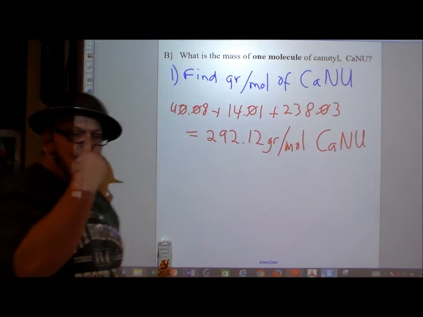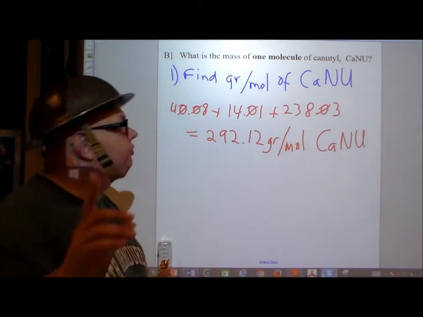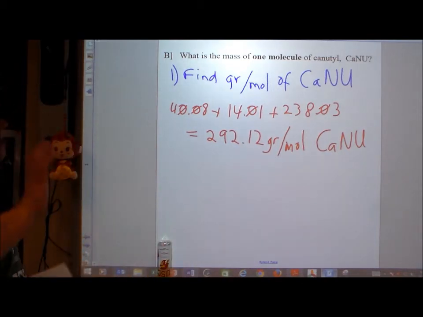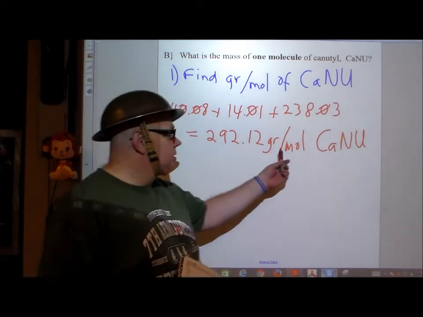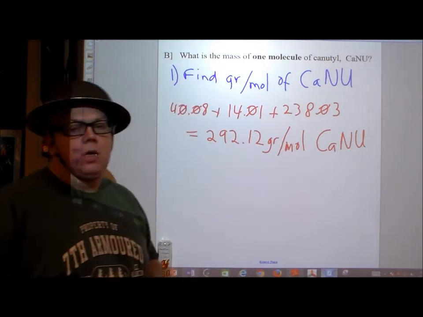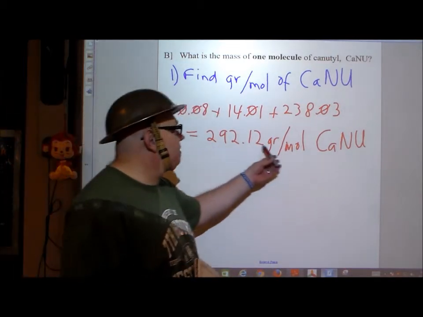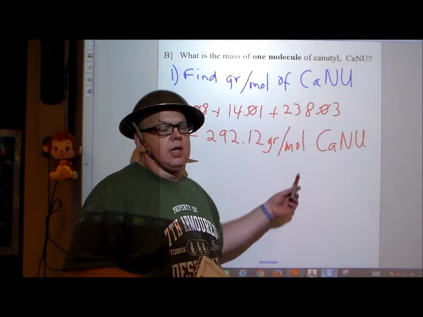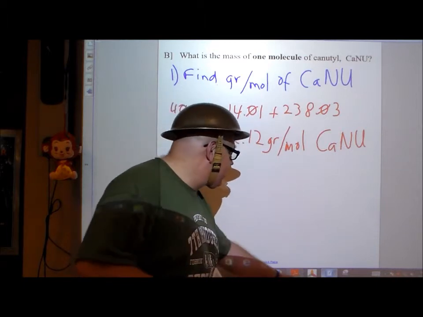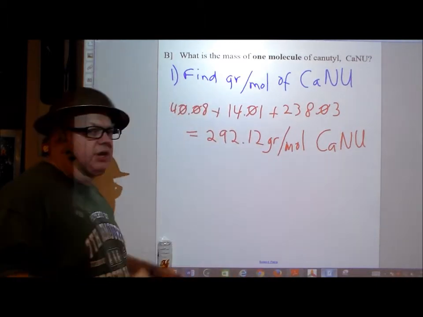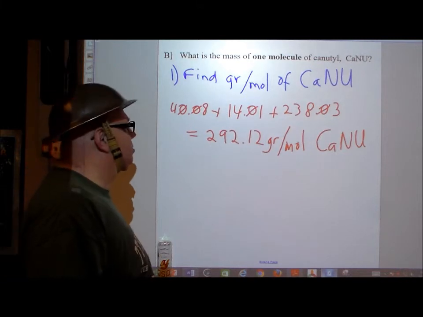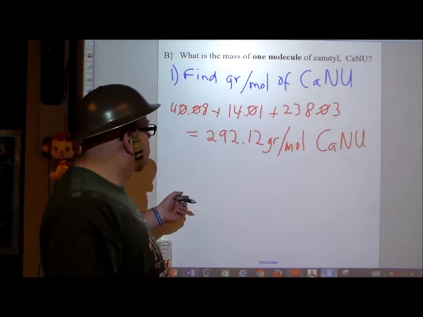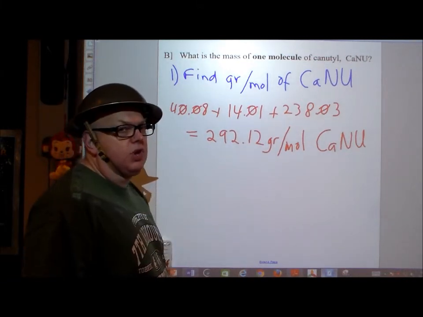Now, here's the thing. How many molecules are in the mass of 1 mole of this? Because now we know how many grams there are in a mole. Now we can take that and say, okay, I want to find out how many grams that one molecule of this will weigh. So in this case, we're going to need all those numbers, right?